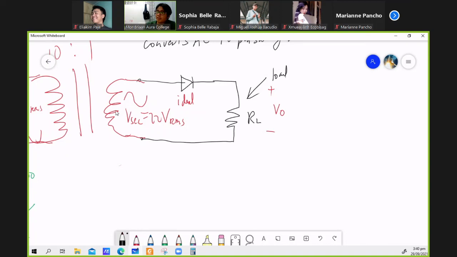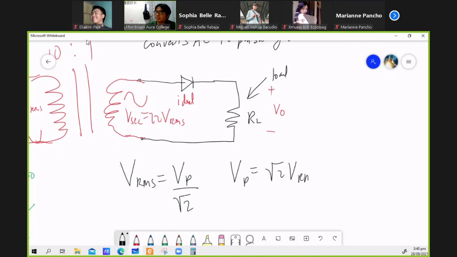We have VRMS, or the root mean square, is equal to peak voltage divided by square root of 2. Given natin na RMS, so makukuha natin yung peak voltage, that is equal to square root of 2 times VRMS. So that is equal to square root of 2 times 22 volts.